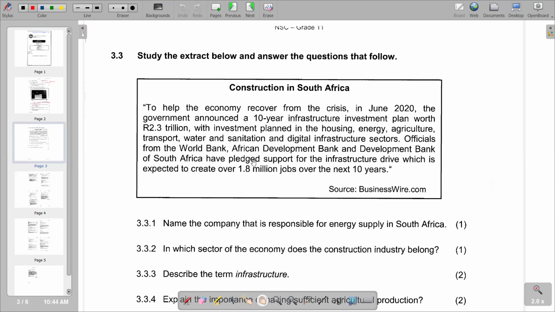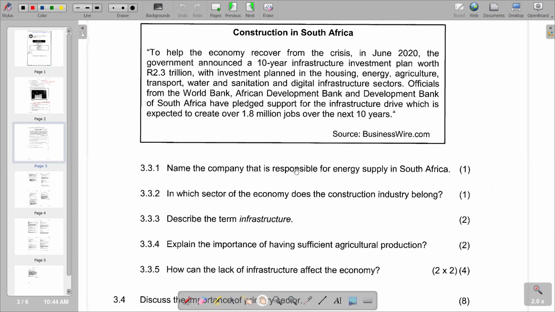Officials from the World Bank, African Development Bank, and Development Bank of South Africa have pledged support for the infrastructure drive, which is expected to create over 1.8 million jobs over the next 10 years. So this is the information that we are given.